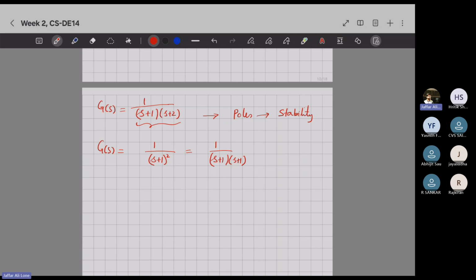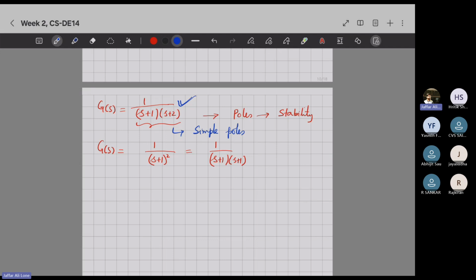When there are no coincident poles, those poles are called simple poles. So wherever it's mentioned that a system has two simple poles at -1 and -2, you can write the system like this. Otherwise it will be explicitly mentioned.